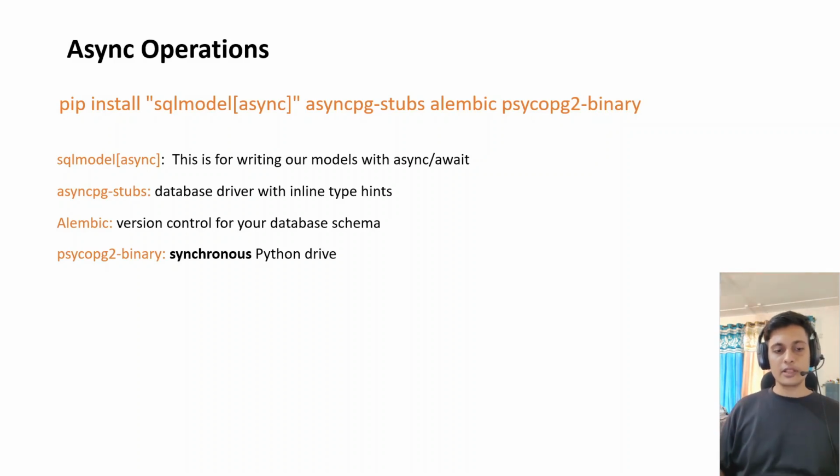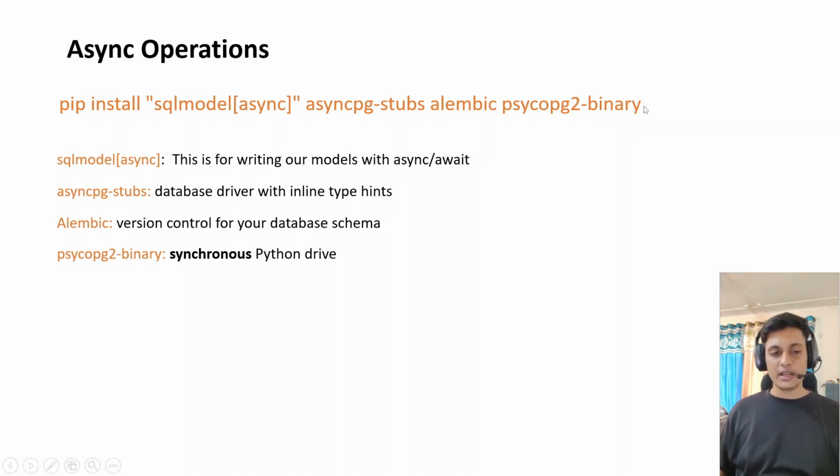So for Alembic, it is required to create the table, then to fill out the data and everything in a sequential way. So this psycopg2 comes for that particular requirement. And why this binary? This binary is a suffix. It comes with the pre-compiled component, so you don't need to install system level tools in your machine, which makes the installation much easier. So this is why we have used this.